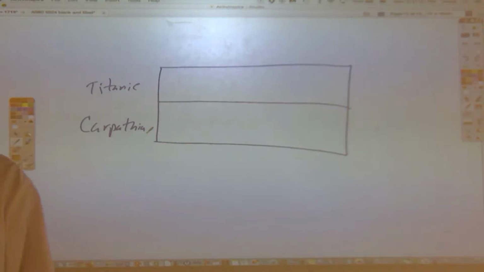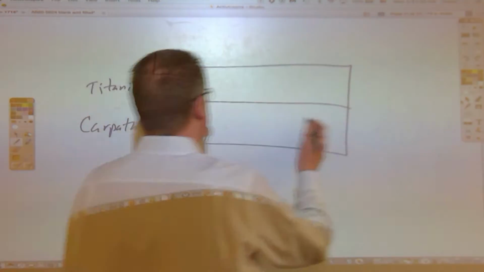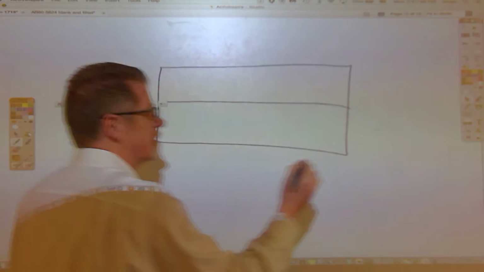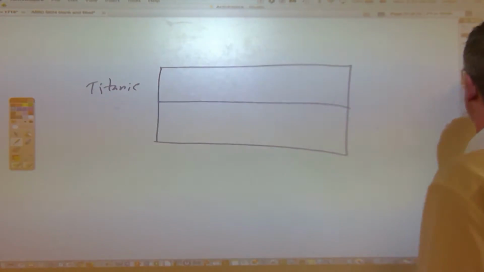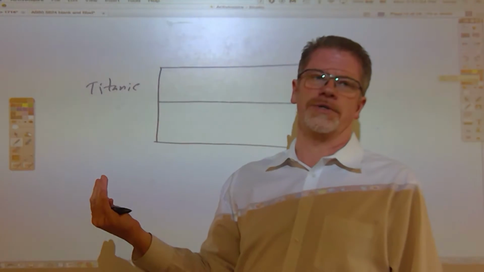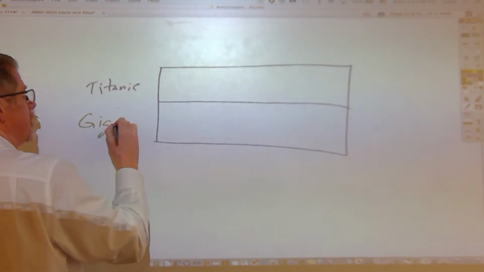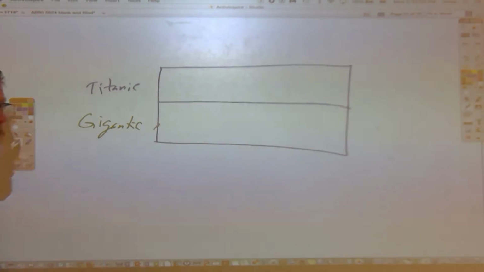I mean, it's one thing to have a sad story, but it's another thing to have a ridiculously depressing story. So instead of the Carpathia, just imagine that they did decide to build the Gigantic 3 years later, and then it sank. Okay, so the Titanic sinks in 1912, imagine the Gigantic sank in the year 1915.